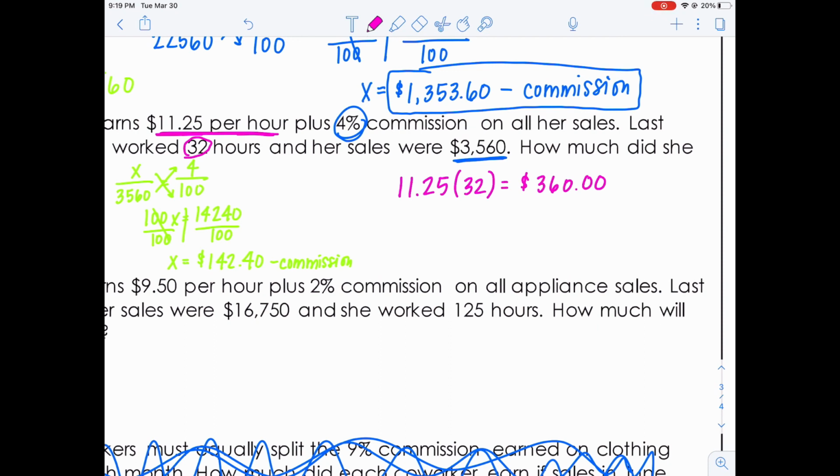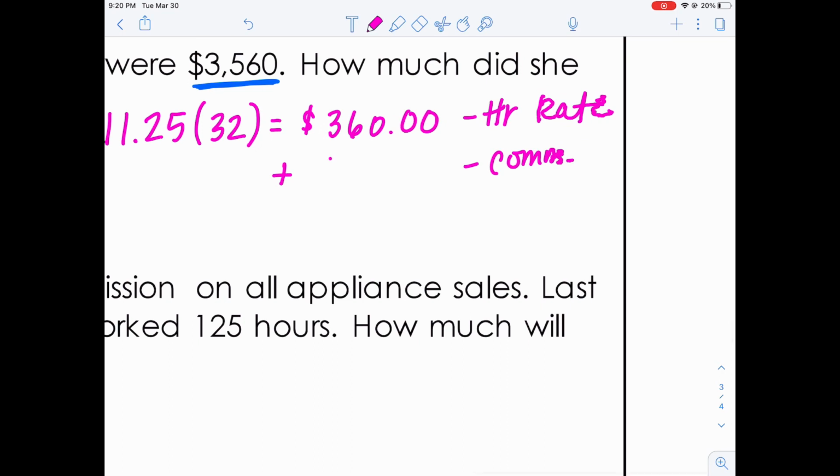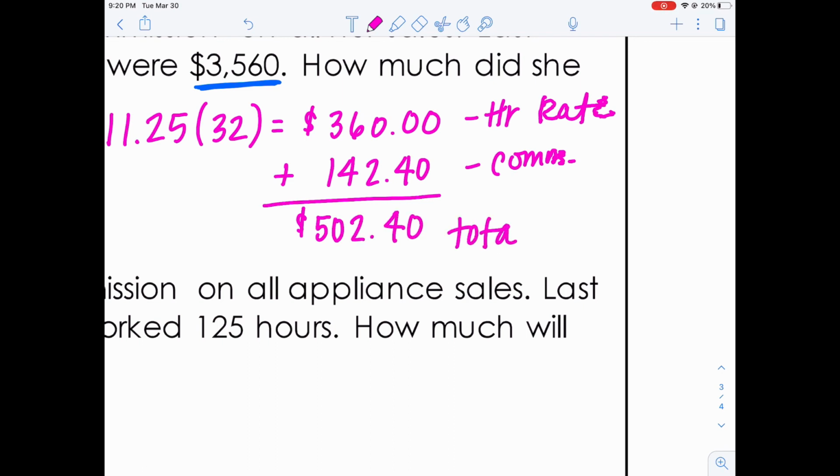So I'm going to take 360, which is the hourly wage, plus what she made for commission, which was $142.40, and I'm going to add them together. When I add them together, I get $502.40 for her total amount of money that she earned.